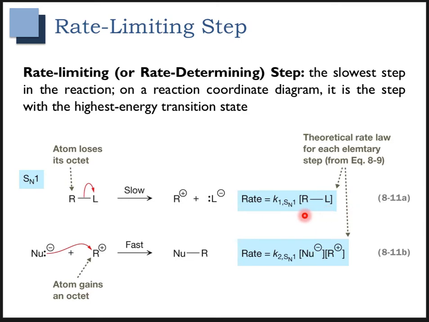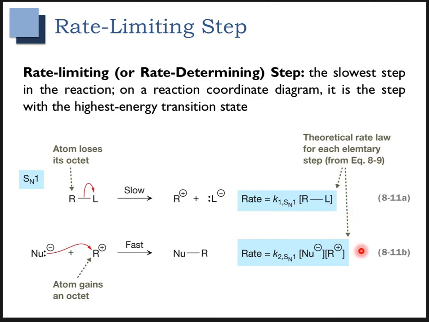on the substrate. If we look at the second step, where the nucleophile comes in and coordinates with the carbocation intermediate, this step is fast. So the rate for this step depends on both the nucleophile and the carbocation intermediate. But since this one is so fast, the rate of the reaction is actually only going to be as fast as this first step.